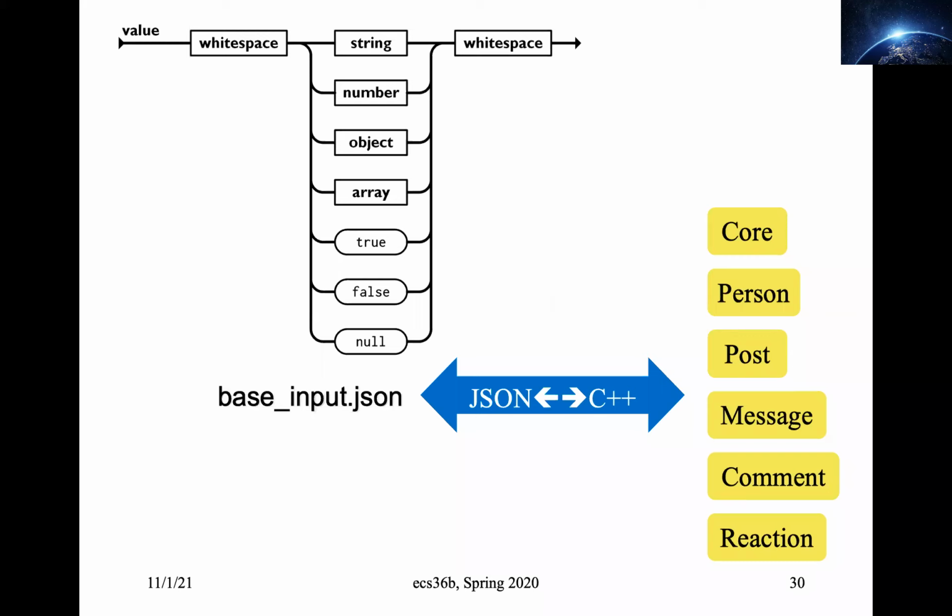You can see that we actually create a bunch of classes over here. That's our target. So you can see we have a core, we have a person, we have a post, we have a message, we have a comment, we have reaction.